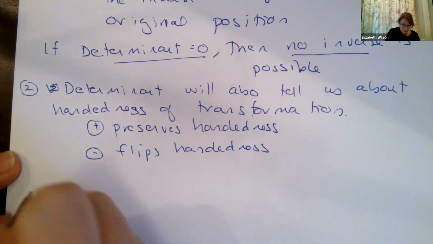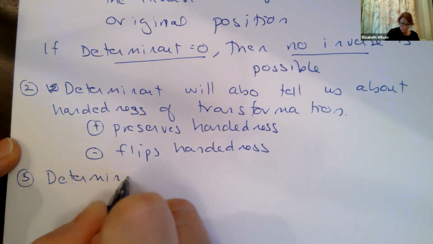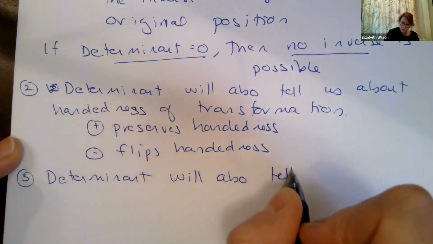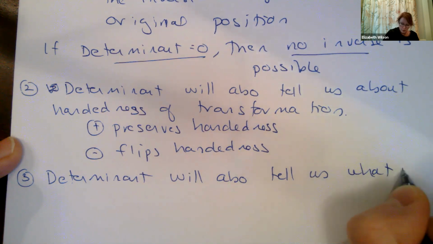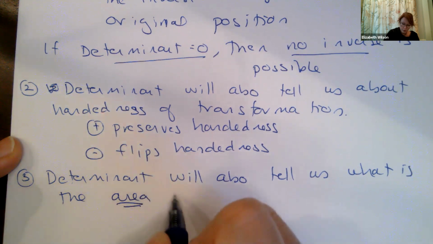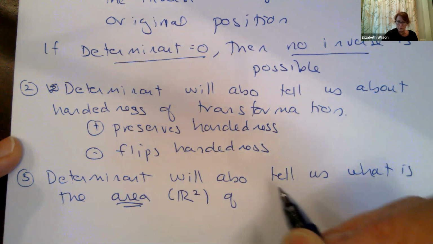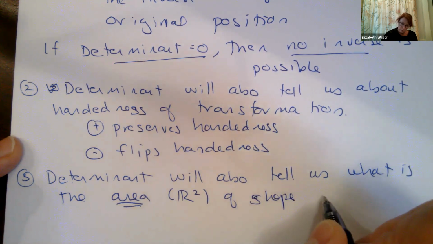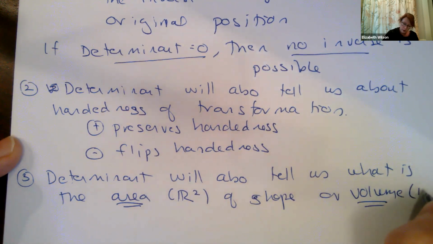The determinant will also tell us the area, if we're in 2 dimensions, of a parallelogram or a square or a shape, or the volume if we're in R3.